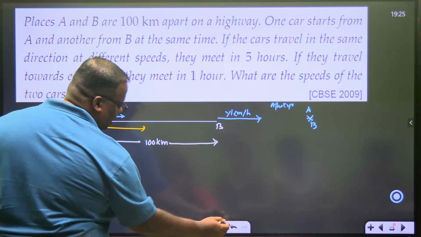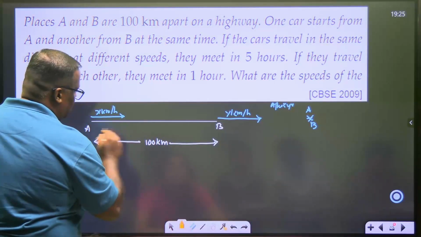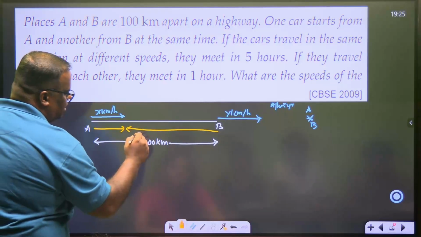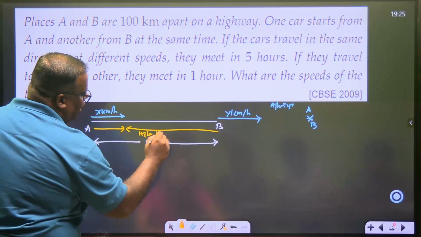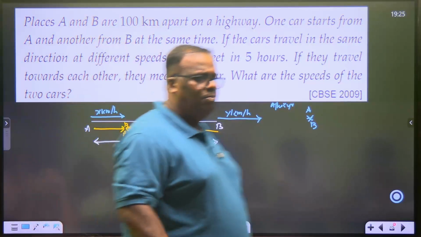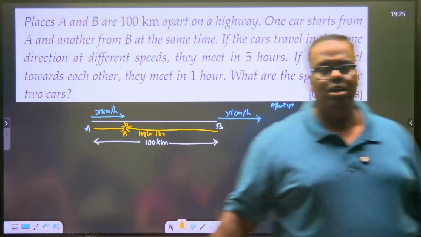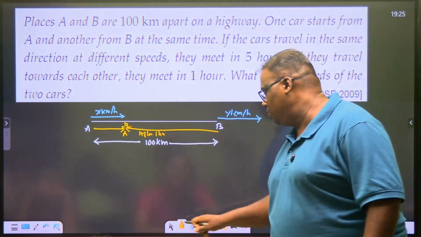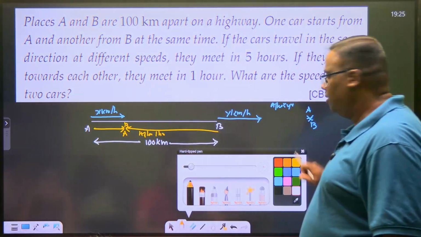Say they meet after 1 hour. They are meeting here. Find their speeds. The whole problem will be hovering around distance and speed, and something that is common is the distance between them.